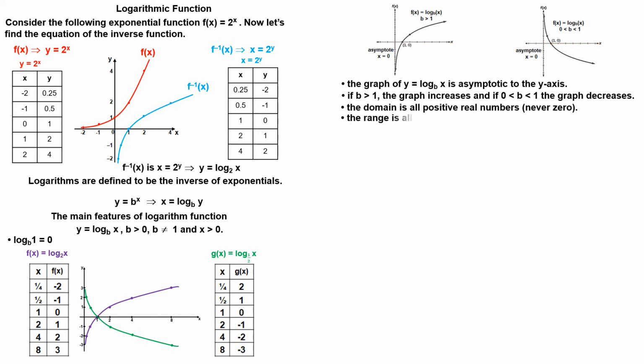The range is all real numbers. The graph crosses the x-axis at the ordered pair.